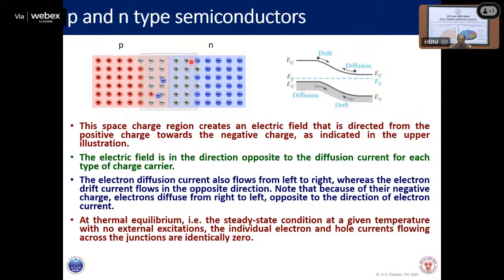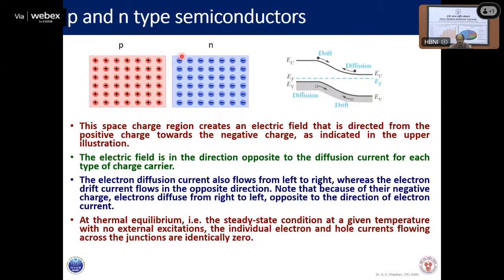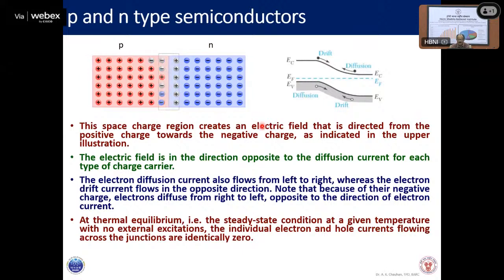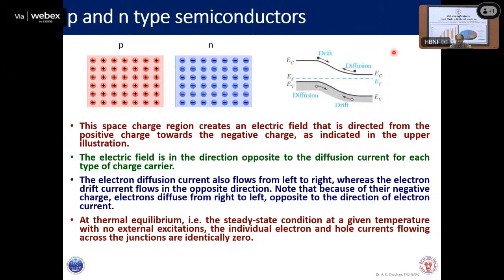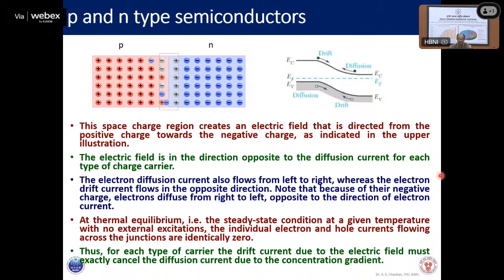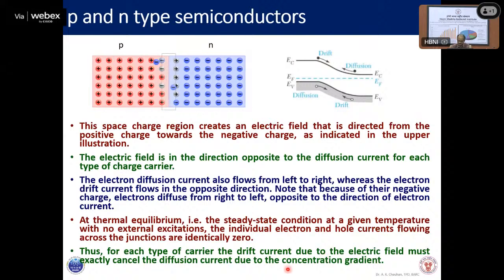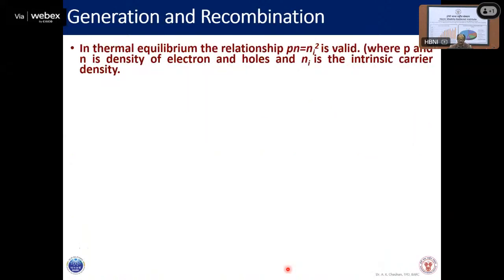So neither are electrons moving from this side to this side, nor are holes moving from this side to this side. However, in this situation a static built-in potential is actually generated here. Thus for each type of carrier, the drift current due to the electric field must exactly cancel the diffusion current due to the concentration gradient at thermal equilibrium.